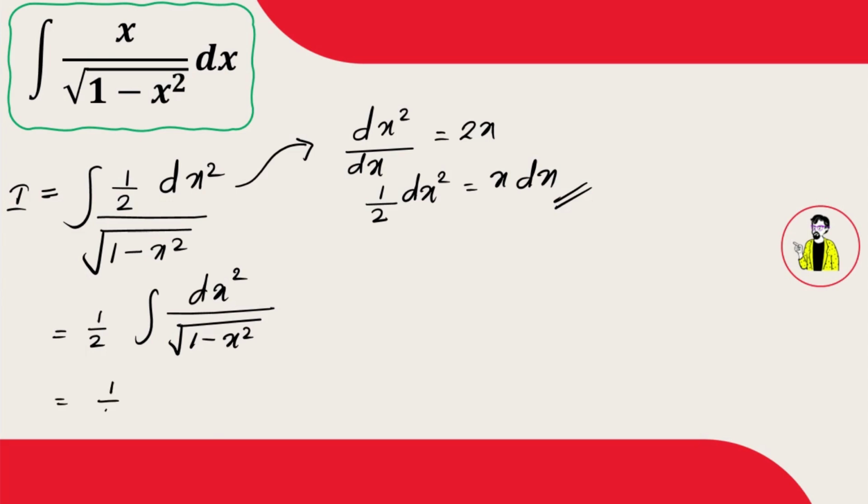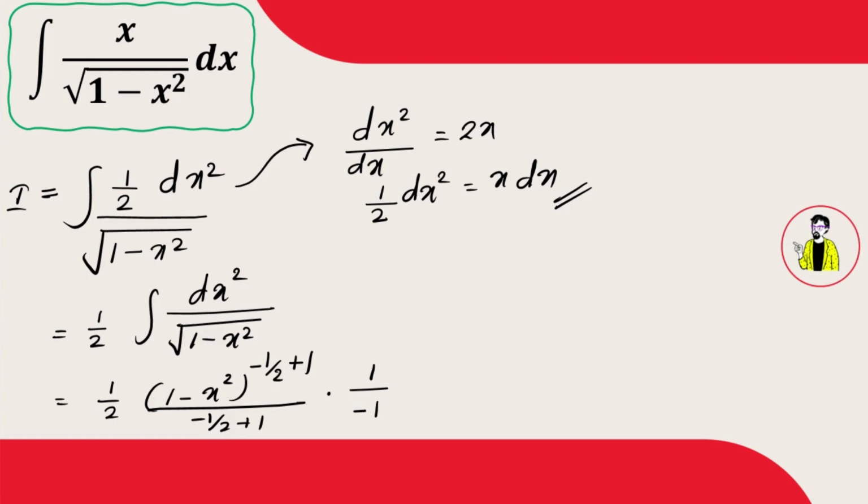We can write this as 1 minus x squared to the power minus half plus 1 divided by minus half plus 1, and 1 over minus 1, because we have to divide by the coefficient of the x squared.